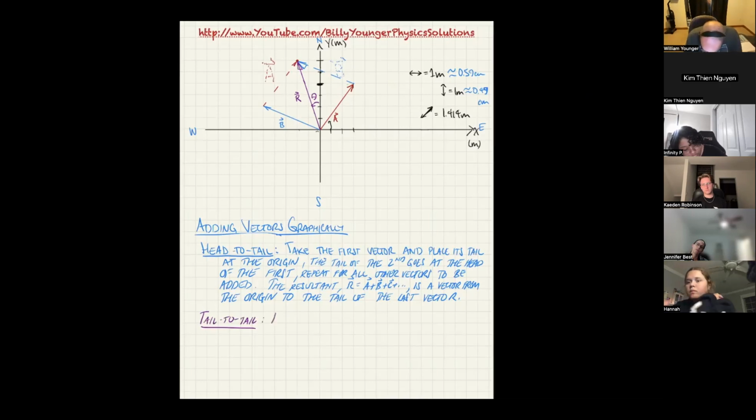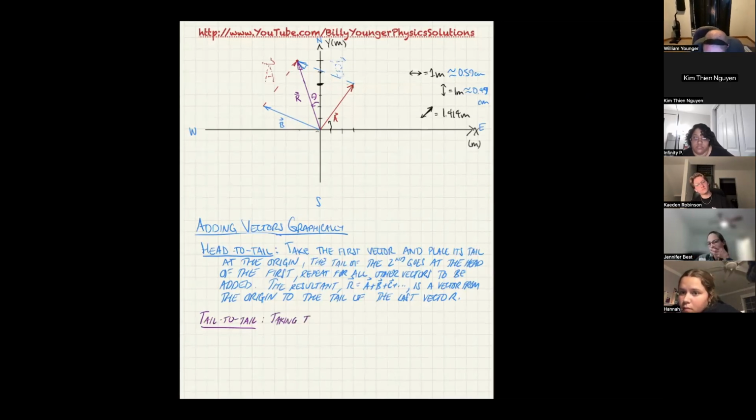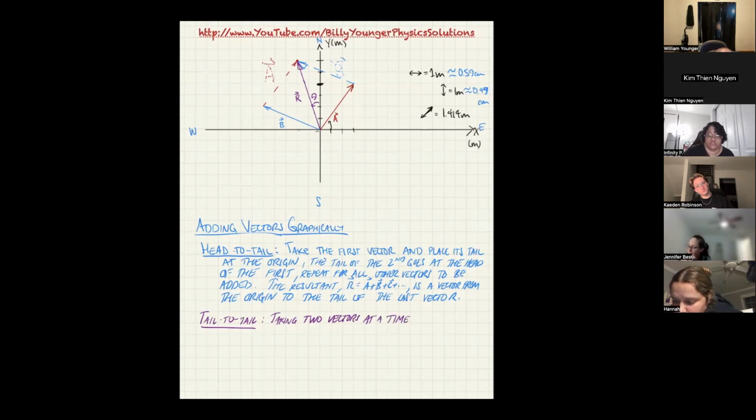So taking two vectors at a time, you put the tail of each at the origin.